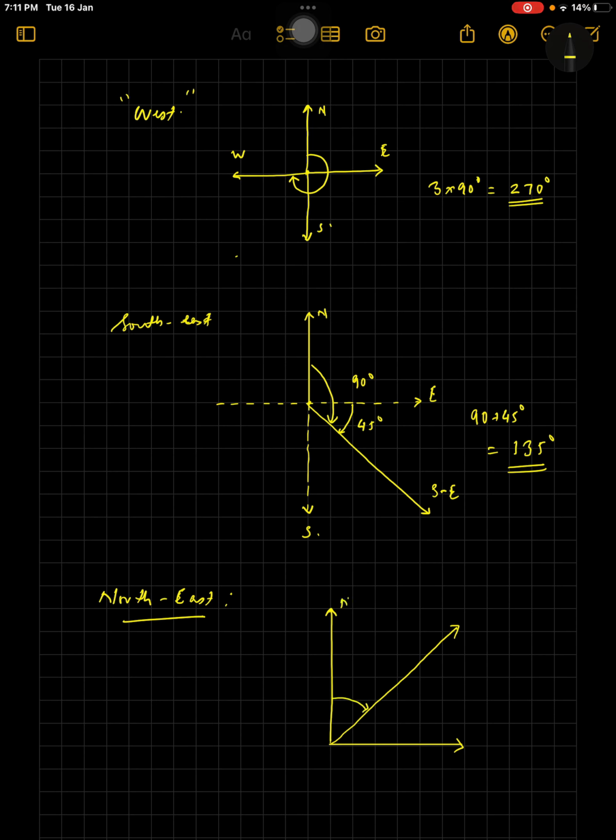This is north, this is east, this is northeast. Therefore, the whole angle would have been 90 degrees over here, so half of that would be 45 degrees. But how do I place my bearing angle? It should be in 3 digits, so it could be placed as 045 degrees. Okay.